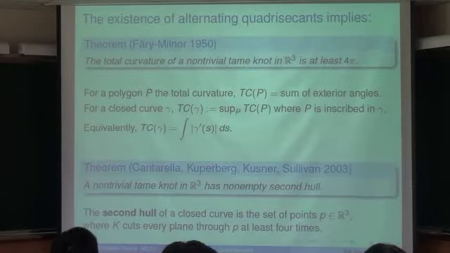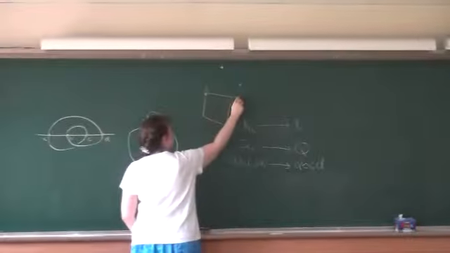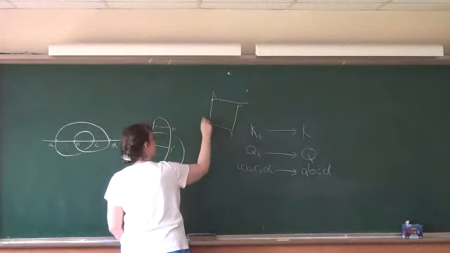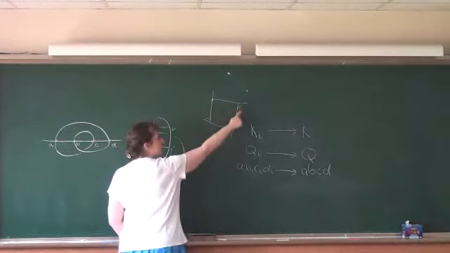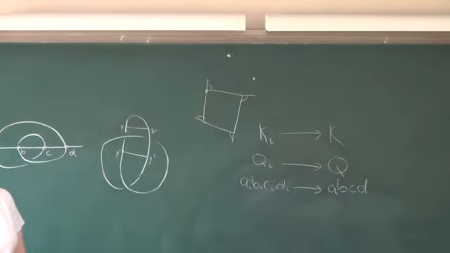And maybe you know about total curvature if your curve is at least twice differentiable. You're just adding up the tangent vectors. But Milnor proved an equivalent definition in his paper. So if you've got a polygon, what you do is you just add up the sum of the exterior angles.